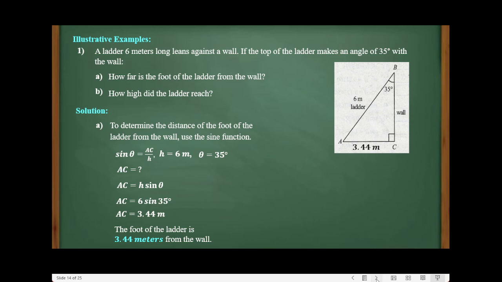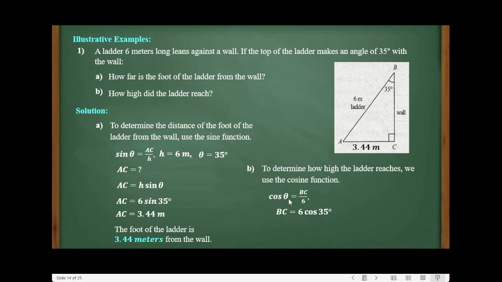Now, how high did the ladder reach? To determine how high the ladder reaches, we use the cosine function. And that is cosine theta is equal to BC, the required height reached on the wall, over the hypotenuse 6. We know that theta is 35, so we have cosine 35 times 6.